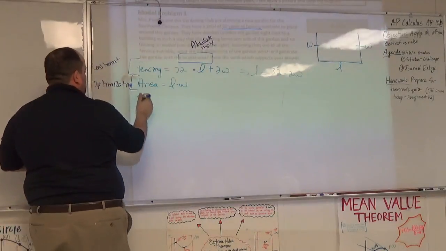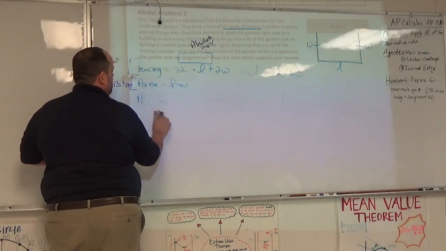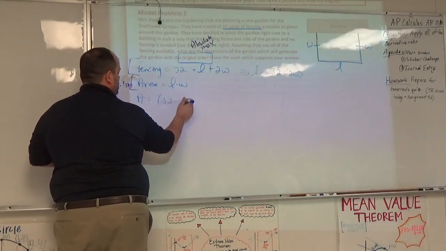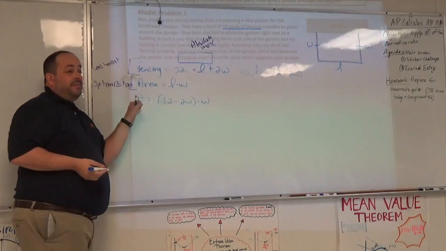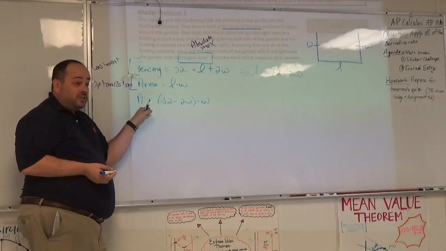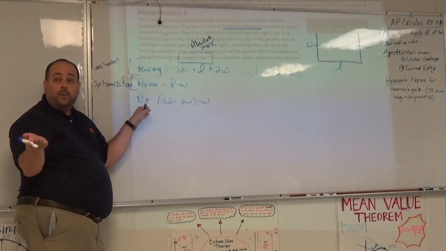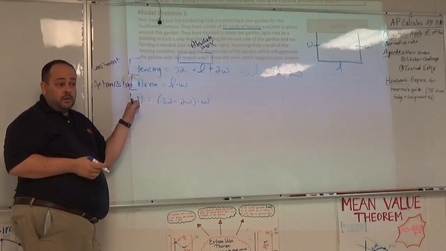You've got that, so that means that my area equation now is going to be 32 minus 2W times W. That's my optimization equation in one variable. This is a good sign. This is what I want to take my derivative of. My derivative options here include, what's an option?